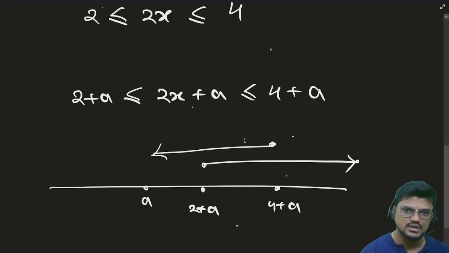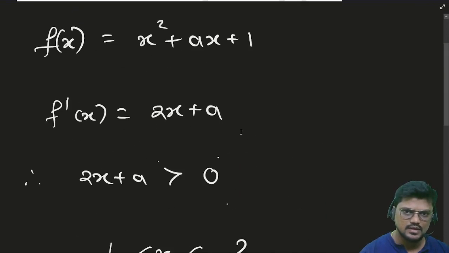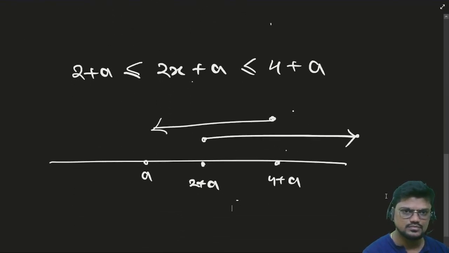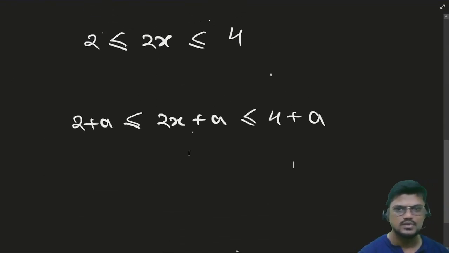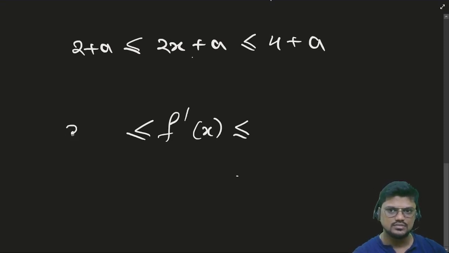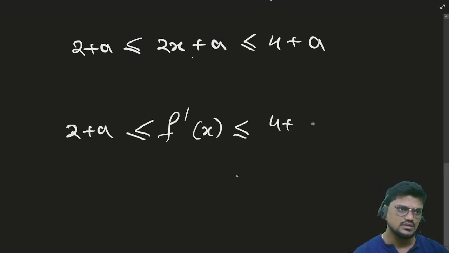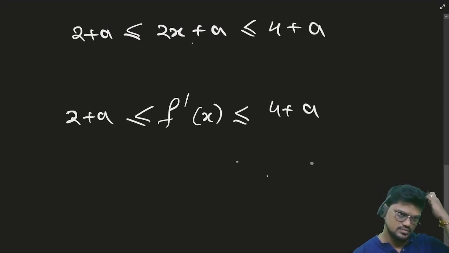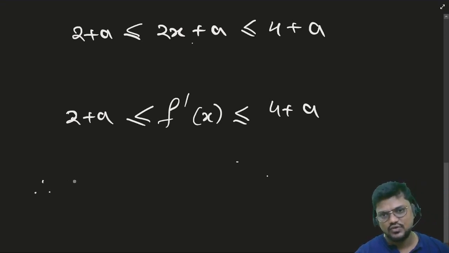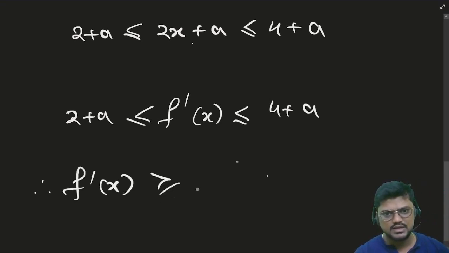But wait. 2x plus a also has to be greater than 0, no? Wait a moment. Now since it has to be increasing, f dash of x has to be greater than or equal to 0.